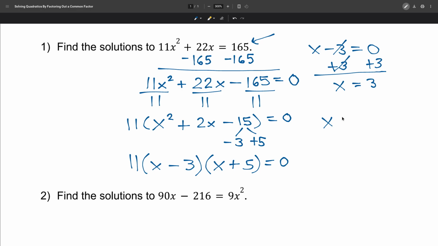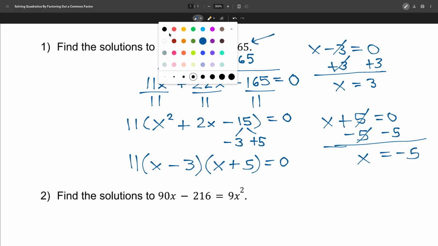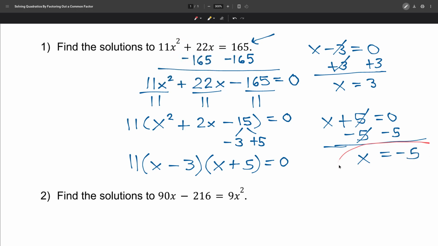We could also set x plus 5 equal to 0. We'd subtract 5 from both sides. 5 minus 5 is 0, so we get x equals negative 5 as my other solution. So those are my two solutions to my first one: x equals negative 5 and x equals 3.